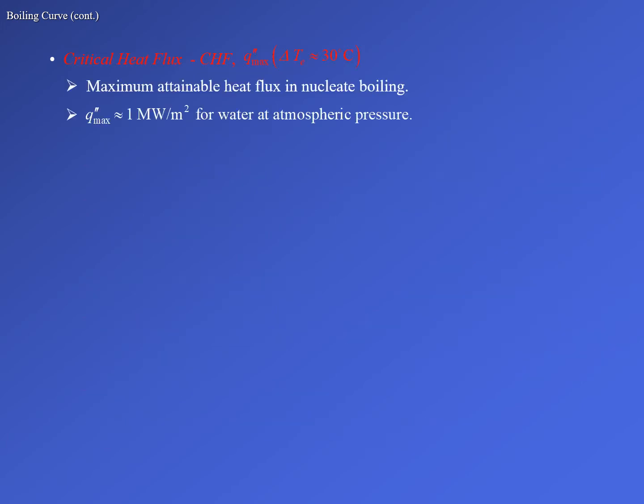So then we have a critical heat flux point, which is the point at which Q_s double prime is a maximum, for water at 1 atmospheric pressure. It is around 30 degrees centigrade. So you obtain the maximum heat flux for the nucleate boiling range, which is around half a megawatt or 1 megawatt per meter square.